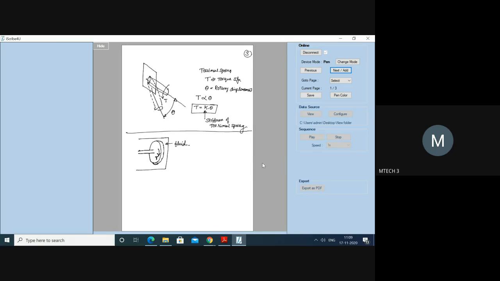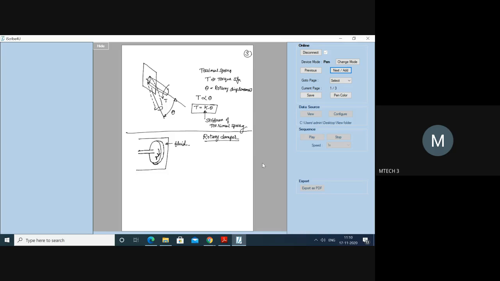Okay, right. Now what is happening with a rotary damper? This is a case of rotary damper.